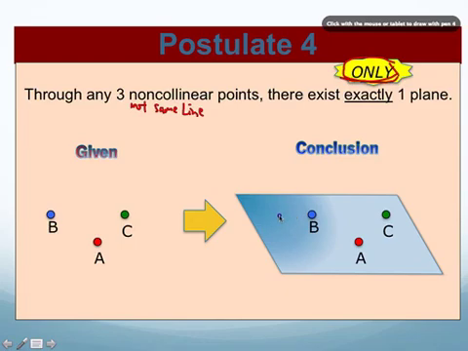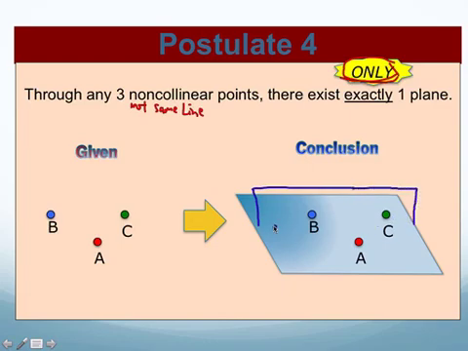Not a second one. Because if you try to force another piece of paper or another plane, say vertically, that vertical one could touch B and C, but there is just no other way to also touch point A. So almost like that.